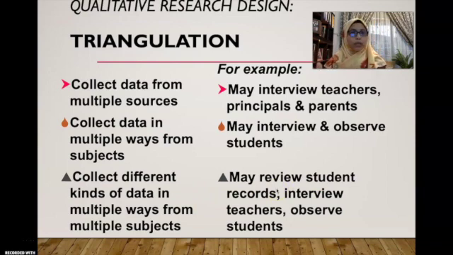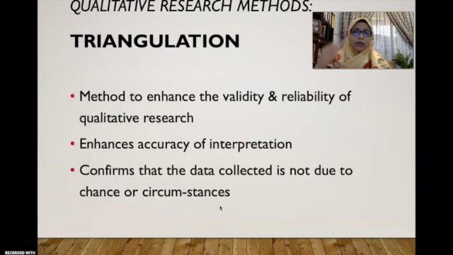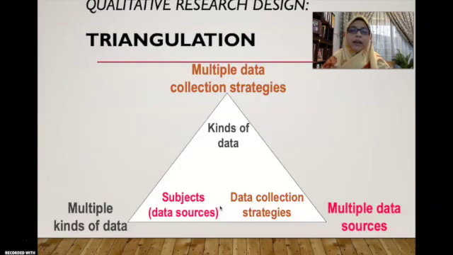So you have many samples: students, teachers, and you may have the principal as your sample. So you have multiple subjects, and you need to triangulate all that in order to get the validity and reliability of the data that you have collected. So this is the triangulation process.